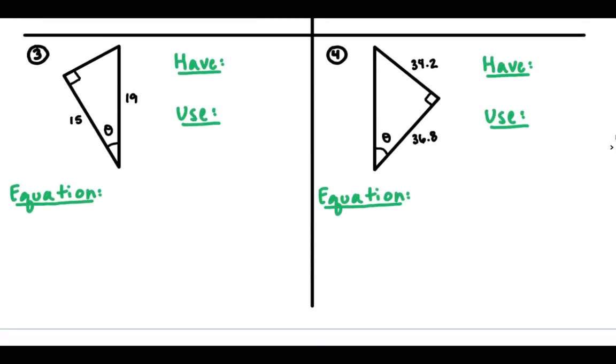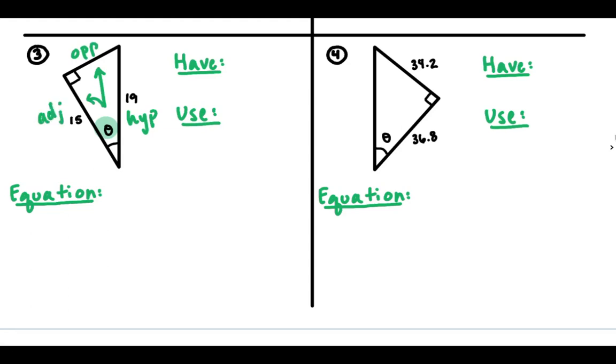Number 3, theta is here. Let's label. Hypotenuse is across from the 90, so 19 is our hypotenuse. Now we go across from theta to get our opposite, so our blank side is the opposite. And that leaves 15 to be the adjacent.